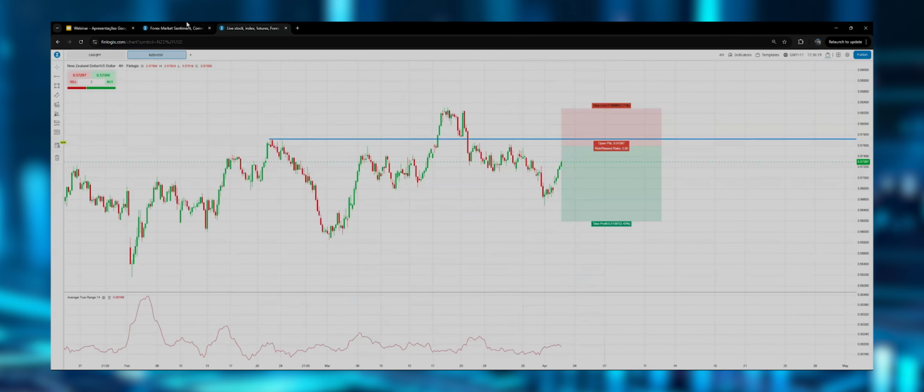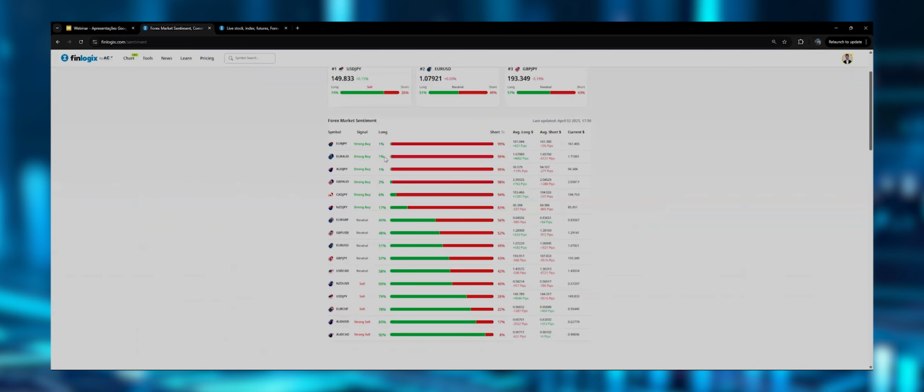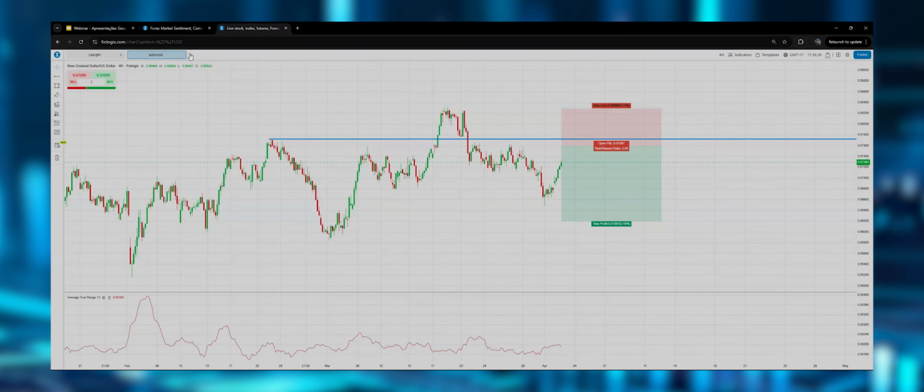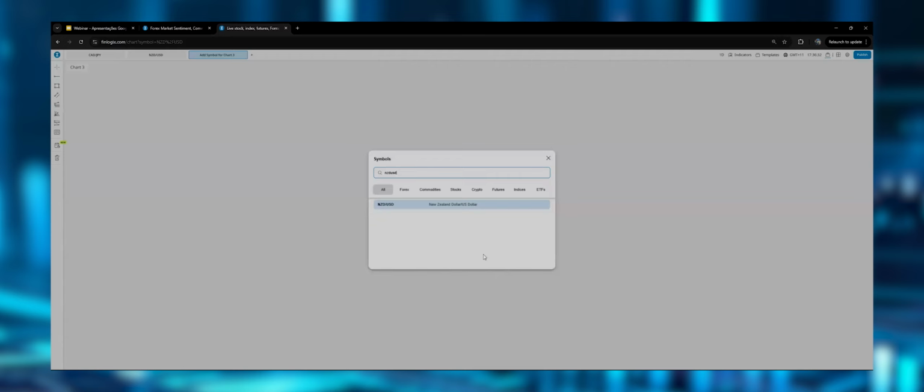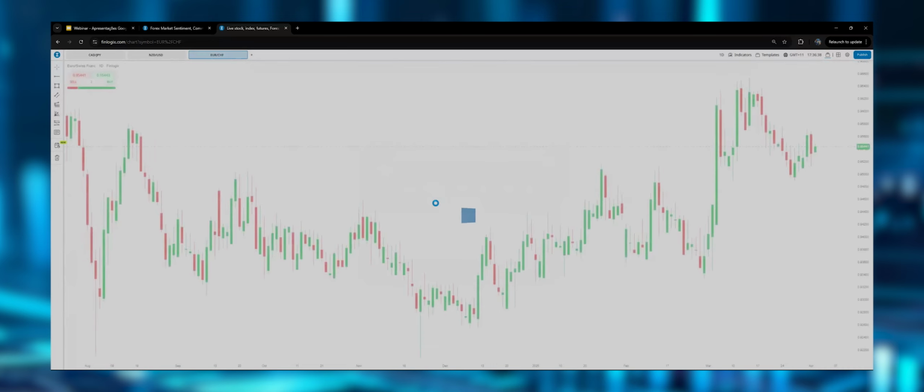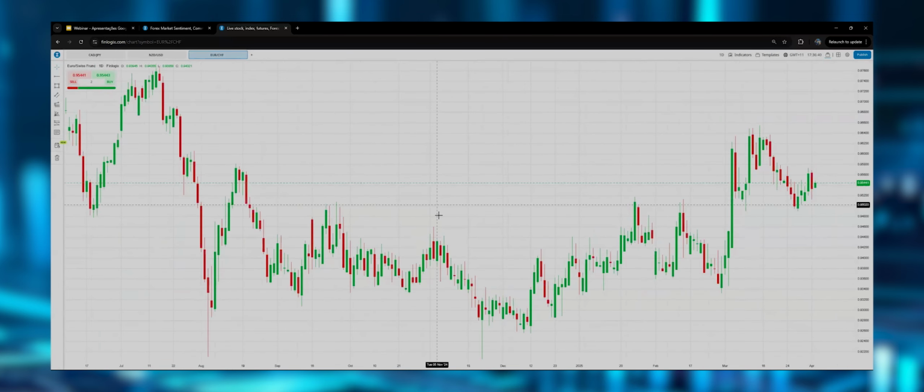Again, we've just had an analysis on USD JPY. Euro CHF short. Okay. Euro CHF, we were long last week, and now it's saying to go short. Okay, that's interesting.